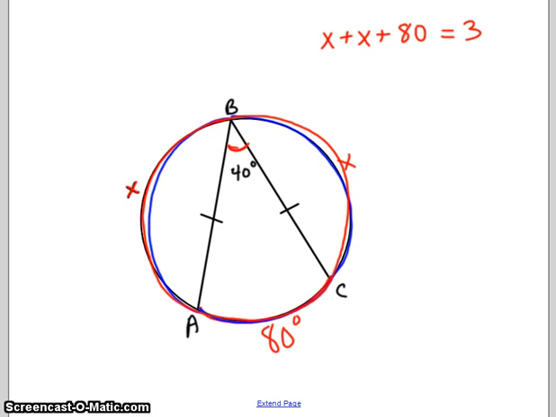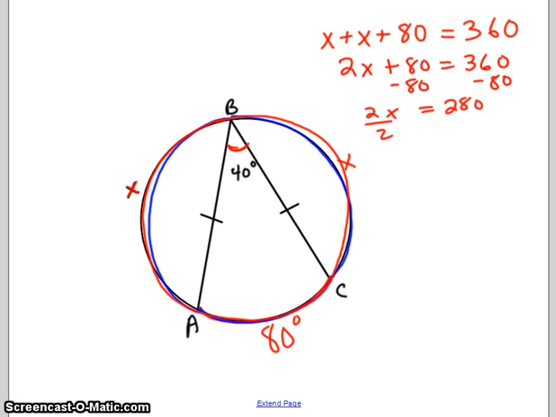So 2x plus 80 equals 360. Minus 80, minus 80. 2x equals 280. Divide by 2, and we get x equals 140. So each one of these arcs is 140 degrees.